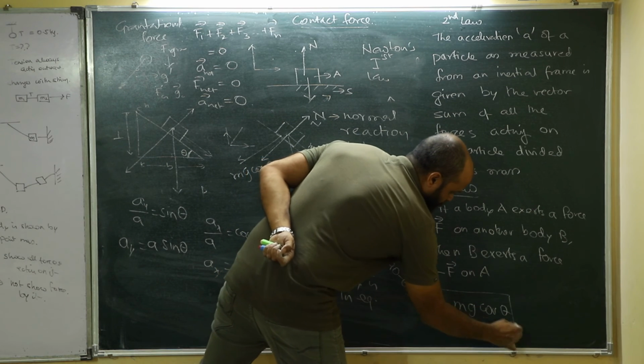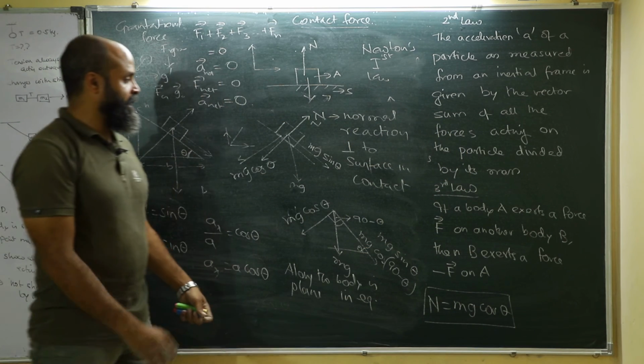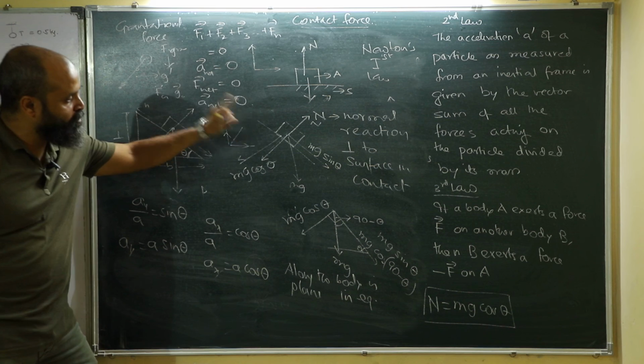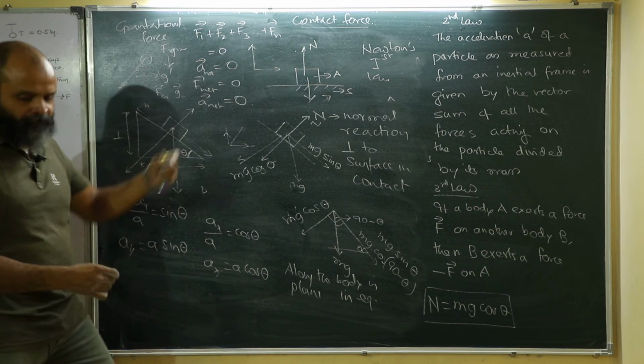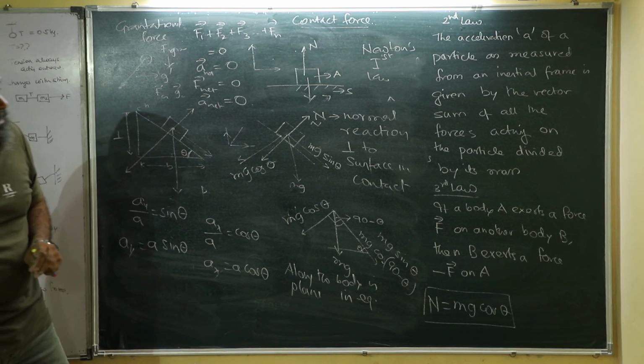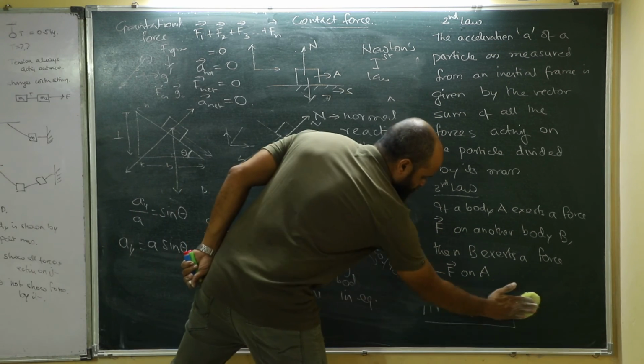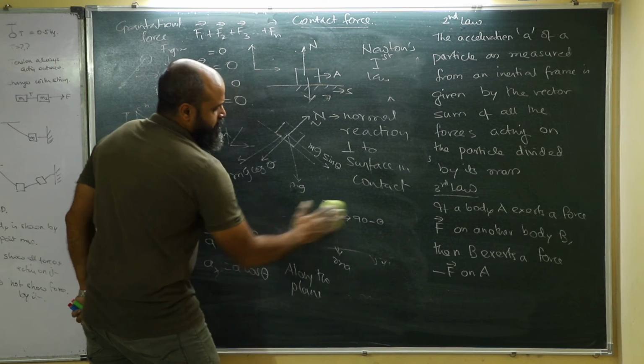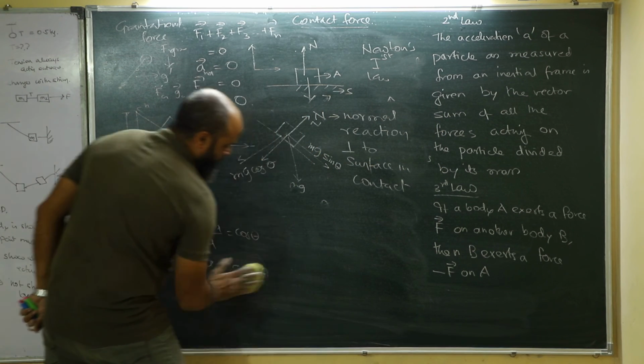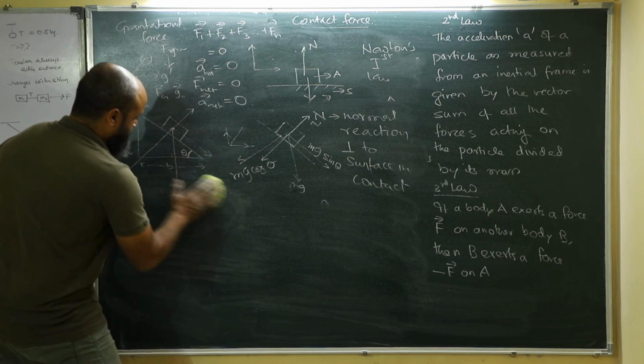So this is how for an inclined plane we derive the normal reaction. So N here will be equal to mg cos theta. There are different ways in which we will be dealing with normal reactions, and we will be dealing with different examples as well, so that the clarity on normal reaction is pretty much there.